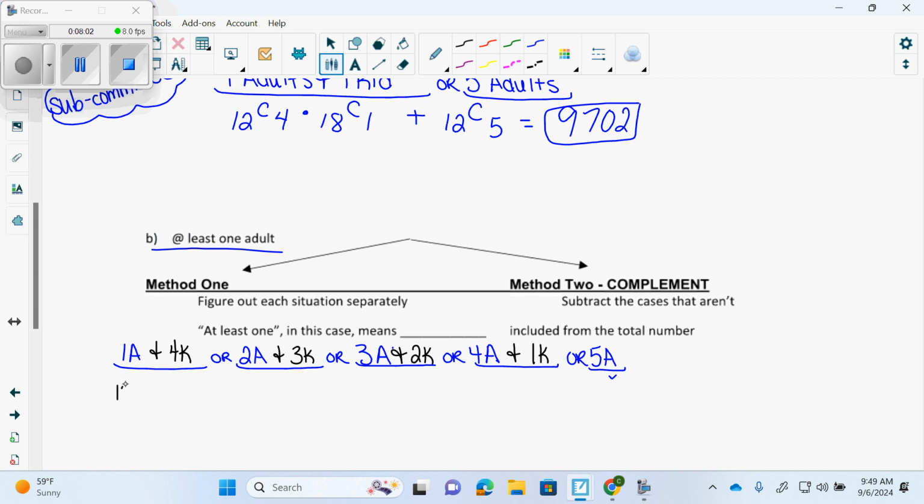12. So I go 12C1, because it's still a combination, because I'm still picking a 5-person subcommittee without any jobs, right? 12C1, and means I do what?